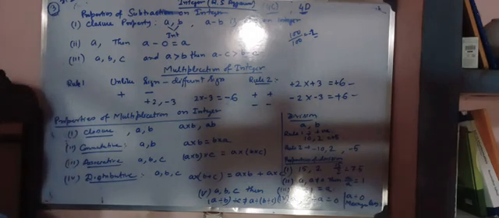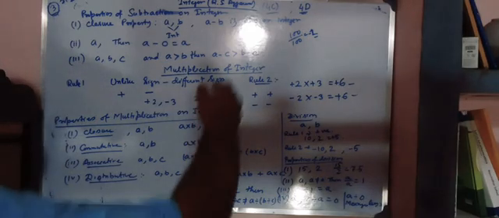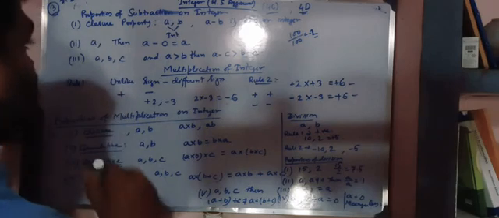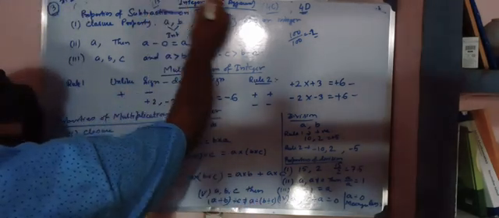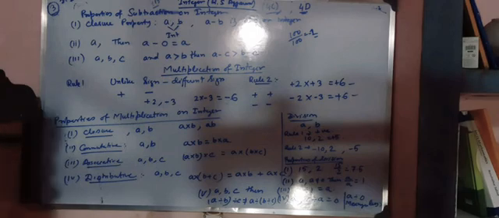I think exercise 4B is also remaining. If exercise 4B is not remaining, then we start exercise 4C. If exercise 4B is remaining, then first we do exercise 4B, then we go to exercise 4C. Up to 4C is the last of today's classwork and homework both.